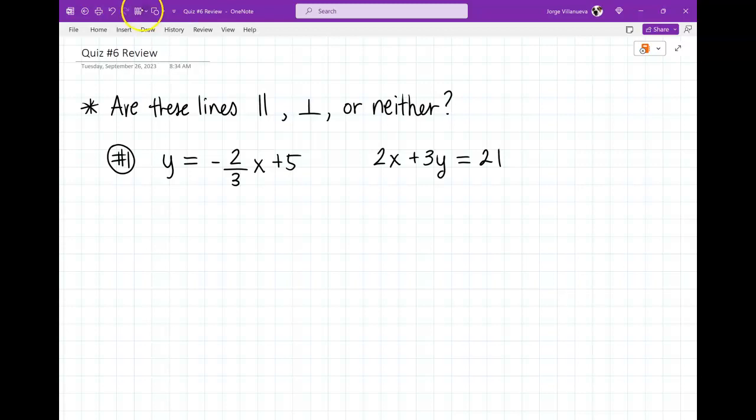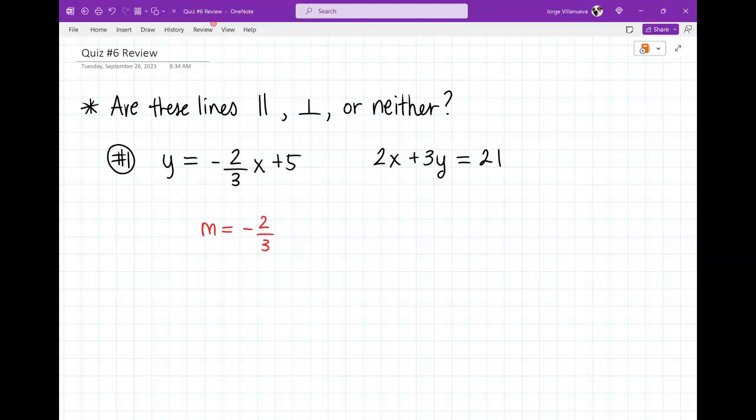Well, what's the slope of the first equation? Because it's already written for us. What is it? All right, negative 2 over 3. Okay, so we know the slope of the first equation is negative 2 over 3. But I don't know the slope of the second equation. So I have to solve for it by solving for y.